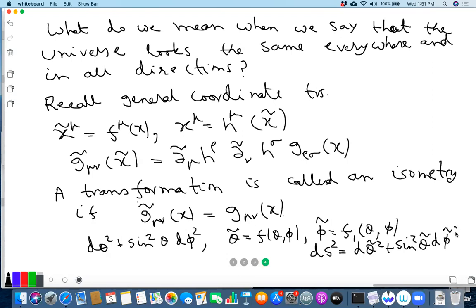Then we'll call this an isometry. Okay, so the metric form remains the same. Functional form remains the same. Okay, any other question?